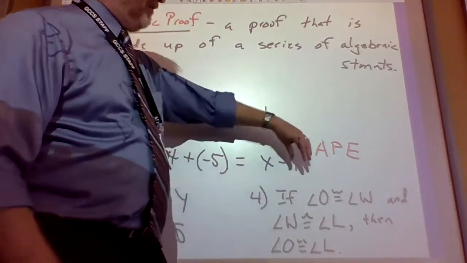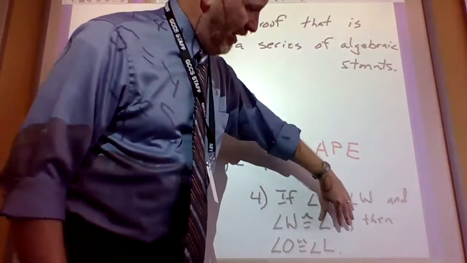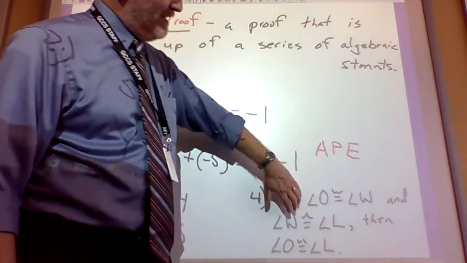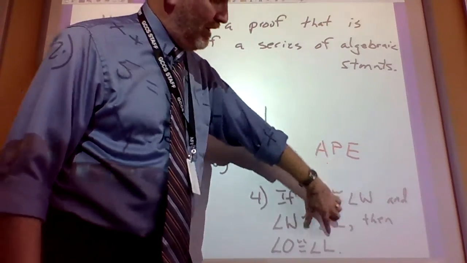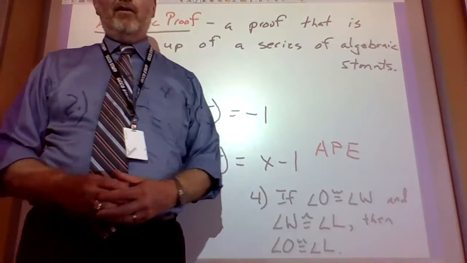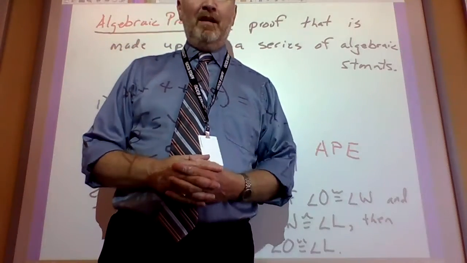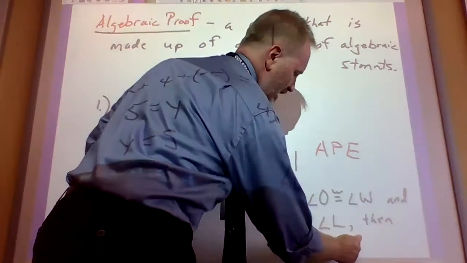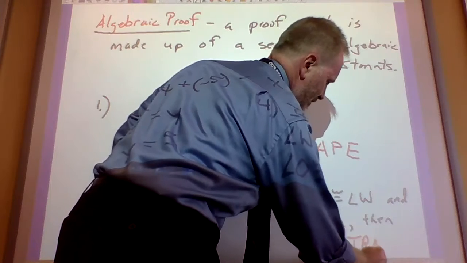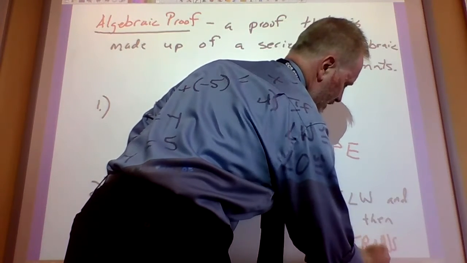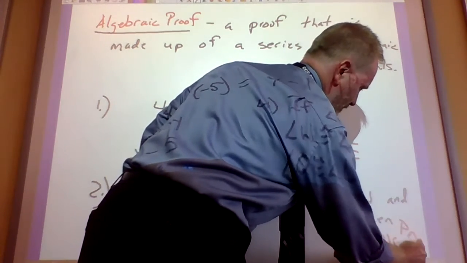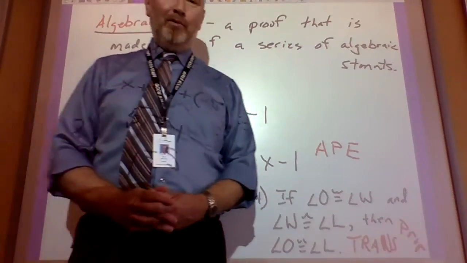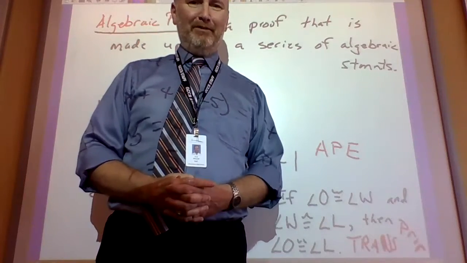So what I did is I went from O to W, W to L, and then since W was repeated in both statements, I jumped from O to L. So I know everybody at home by now, long before I explained it, probably knew that that was my favorite of the properties, the transitive property. Transprop. Oop. That's an N. Transprop. Okay. Any questions? Because I think we're about to do our first ever proof on this next slide.